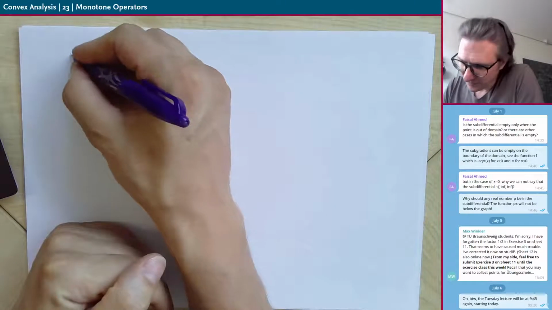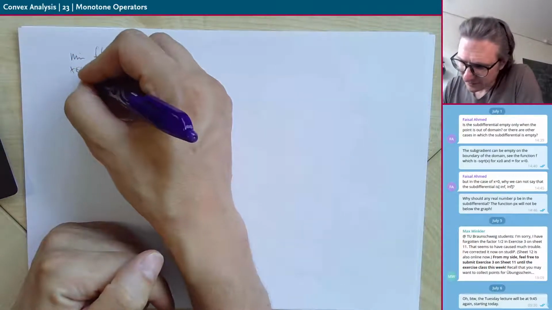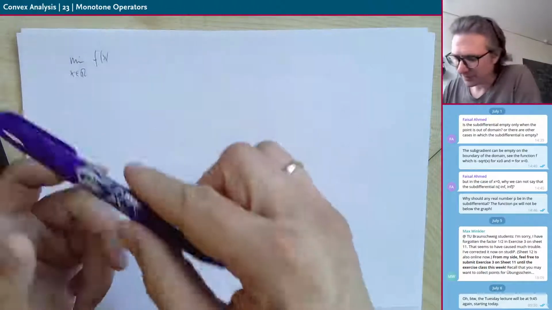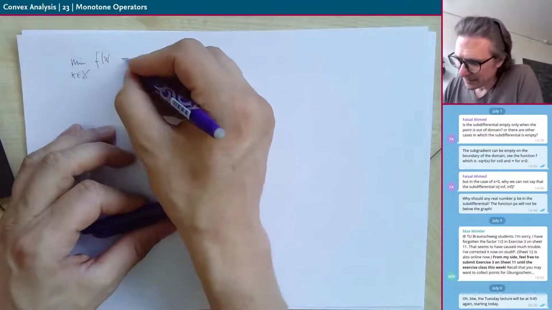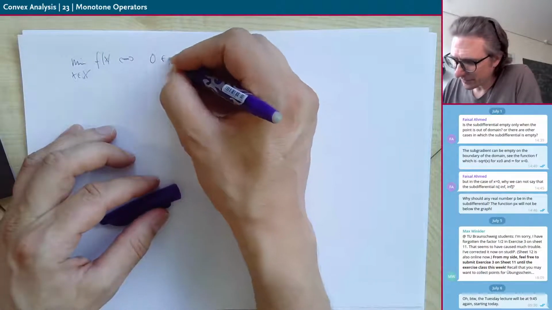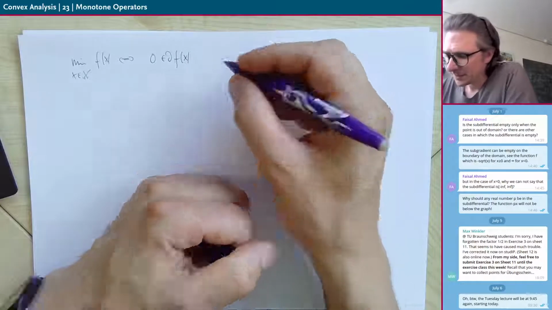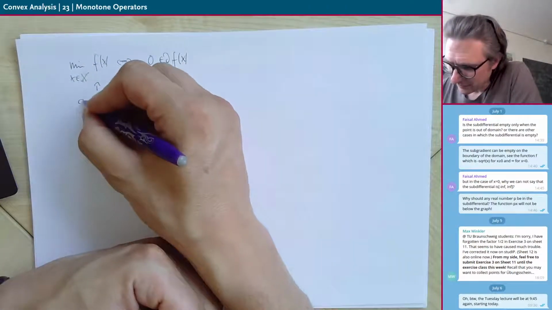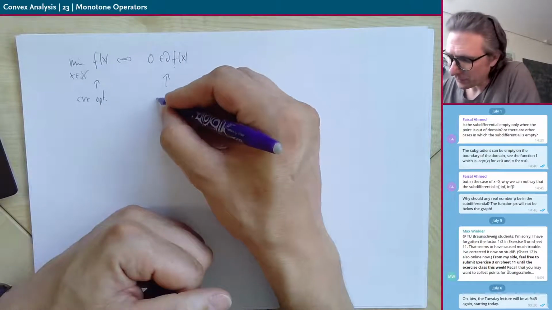So we can now write: minimize f of x over x in R^n or R^d is the same as 0 being in the subgradient of f at x. So this here is a convex optimization, and this here is called a monotone inclusion.